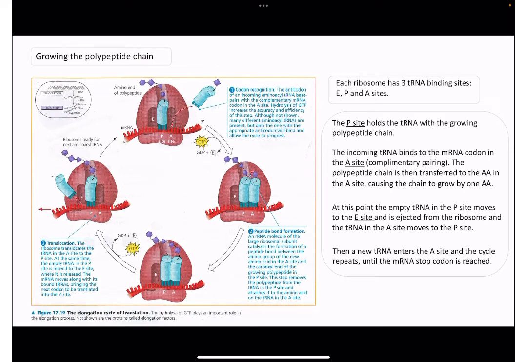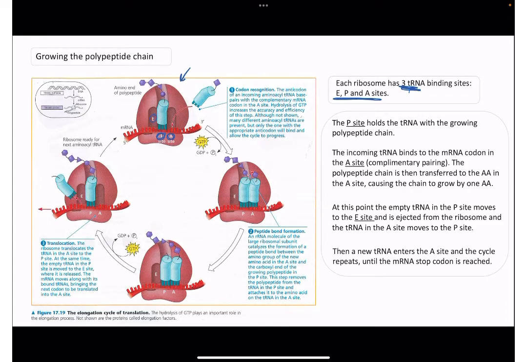Now we're working ourselves more and more into detail here. So again, this is the translational apparatus, and what I want to point out here is that each ribosome has 3 tRNA binding sites. There's an E, a P, and an A site.